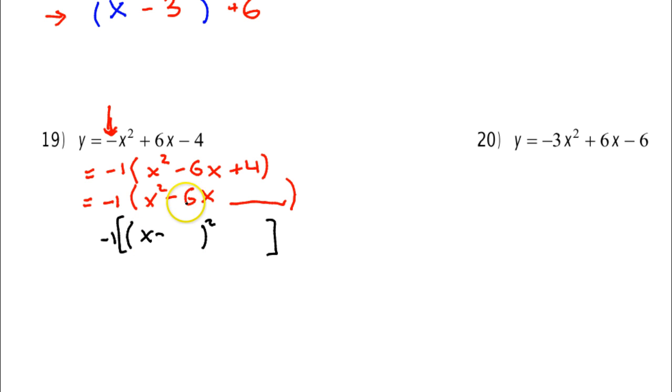Okay, so half of -6 is -3. -3 squared is 9. Now I need to get to 4, so 9 minus 5.